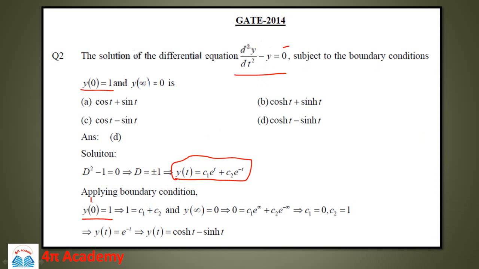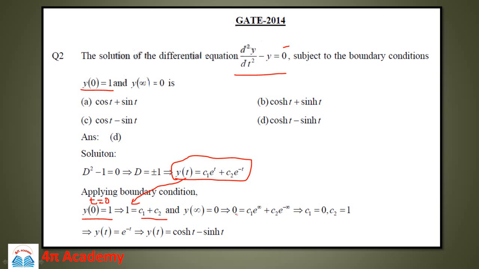So here we substitute the value of t as 0, and we get the value of y as 1. So it implies that 1 is equal to c1 into e raised to power 0. Anything raised to power 0 is 1, and again here e raised to power 0 is 1, so it means that 1 is equal to c1 plus c2.